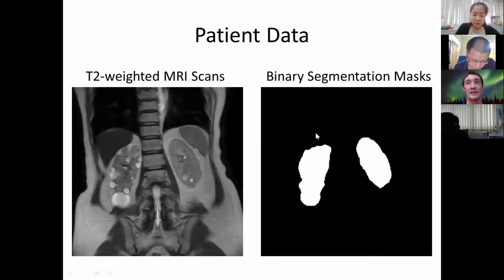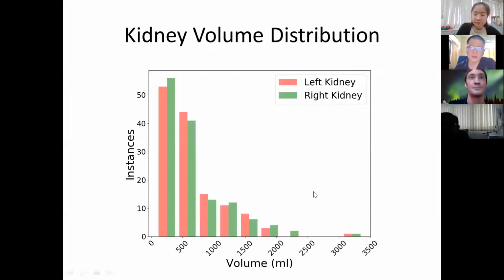On the right-hand side here, you can see a binary segmentation mask where all of the background tissues are 0 value or black, and the pixels that contain the kidney in the MRI scan are labeled 1 or white in this image. So the model will try to learn the relationship between the MRI scan on the left and the segmentation mask on the right-hand side.